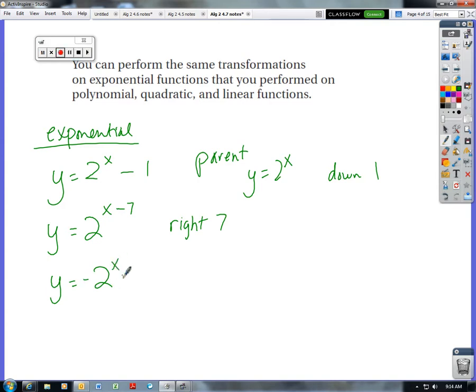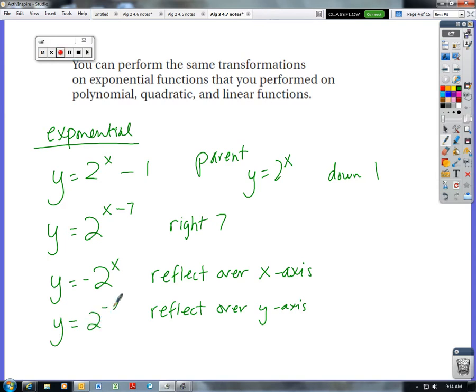That's going to be a reflection over the x-axis. In order to reflect it over the y-axis, where would the negative go? And if you said with the x, you would be right. So that's what it'll look like if you're reflecting over the y-axis.